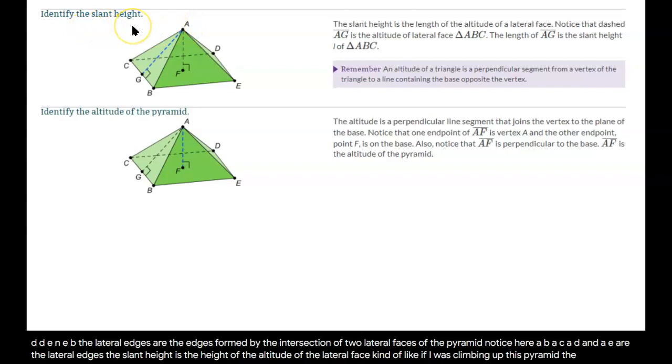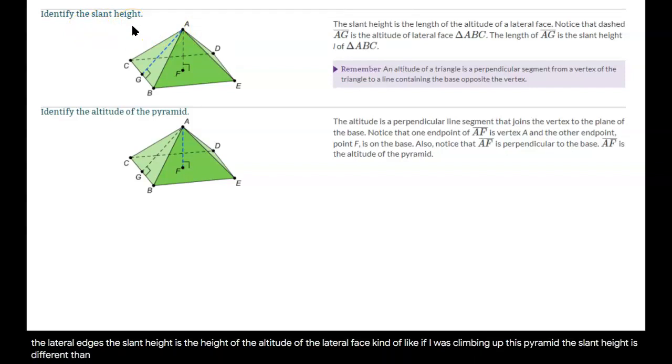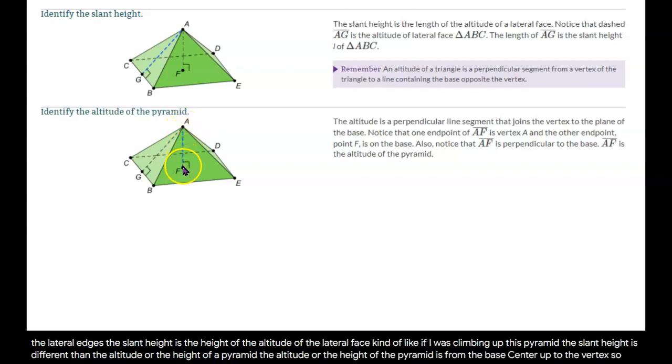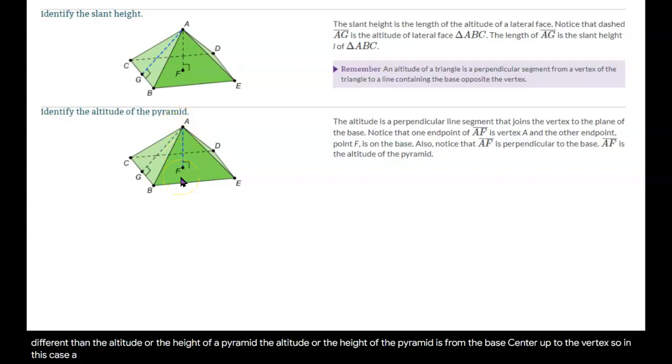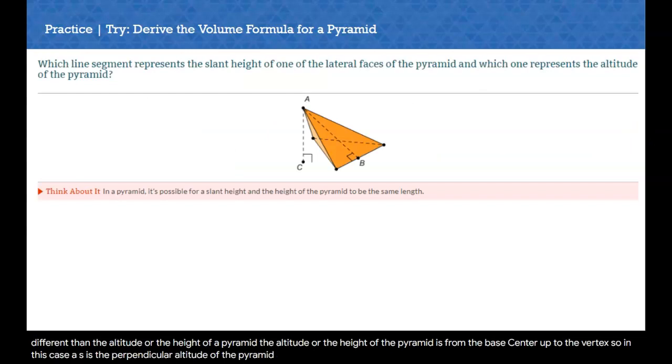The slant height is different than the altitude or the height of a pyramid. The altitude or the height of the pyramid is from the base center up to the vertex. So in this case, AF is the perpendicular altitude of the pyramid.